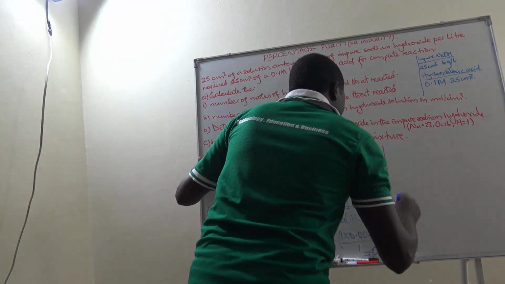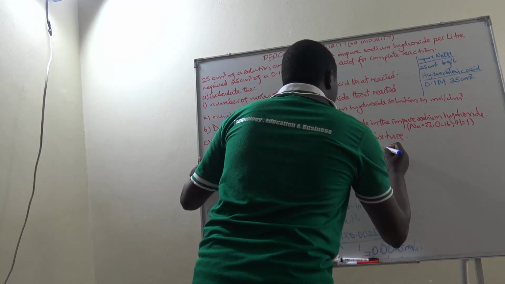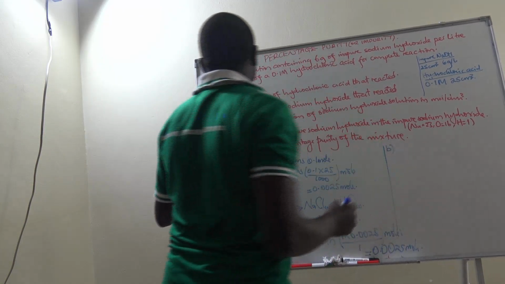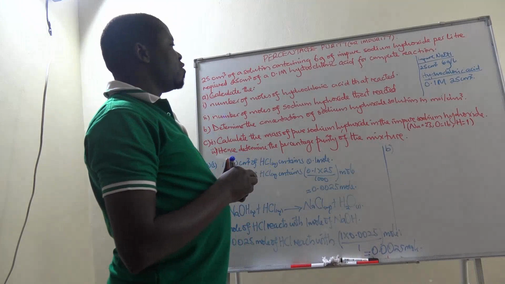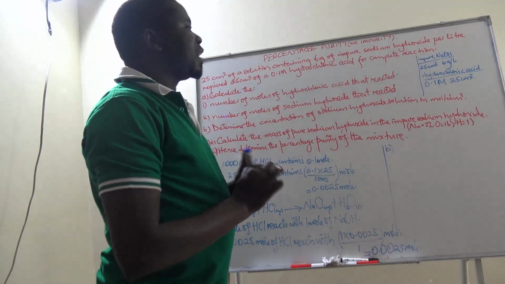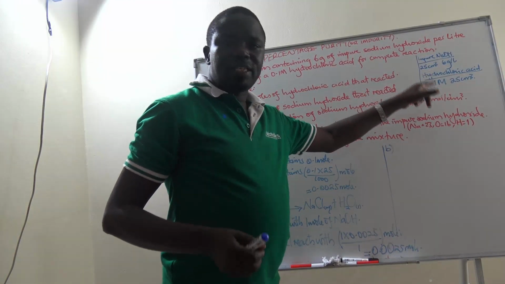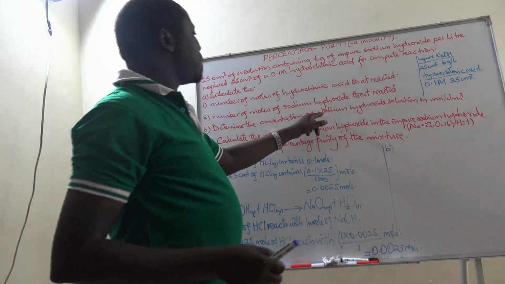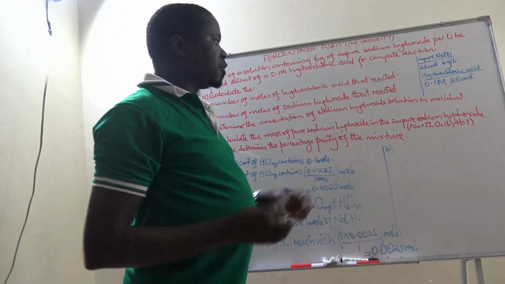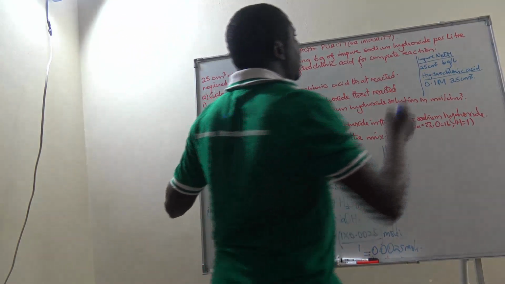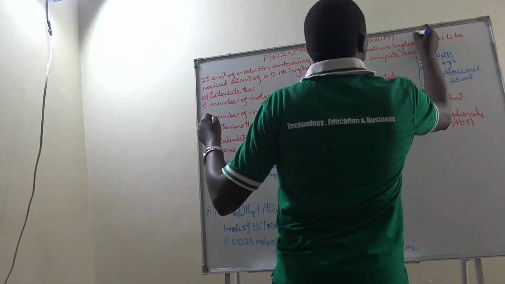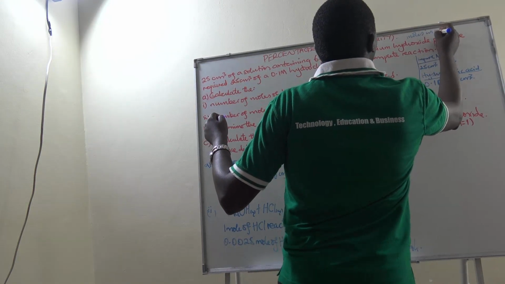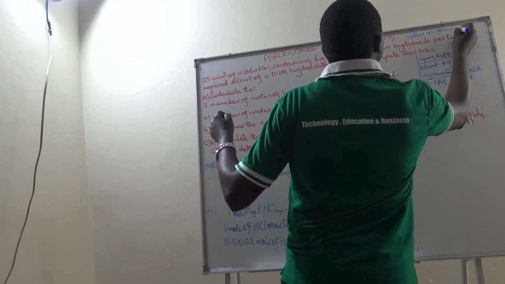The next part says, that is now part B, we should determine the concentration of sodium hydroxide solution in moles per cubic decimeters. This is the molarity of the sodium hydroxide solution that we are supposed to calculate. And what's the molarity? Molarity is the number of moles in 1,000 cubic centimeters.